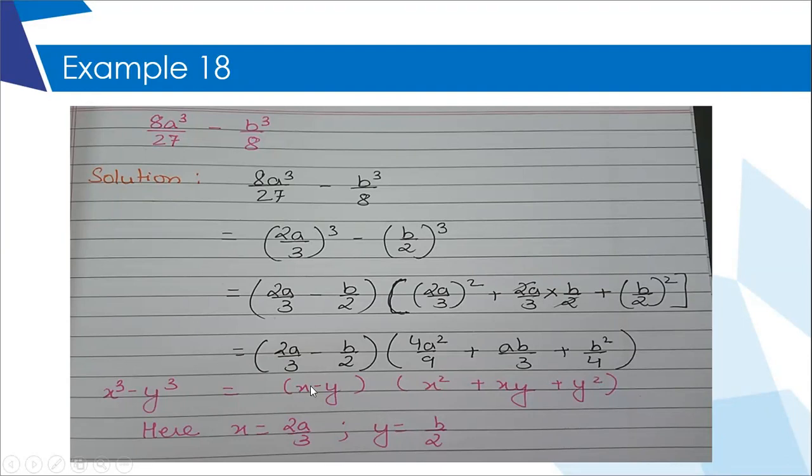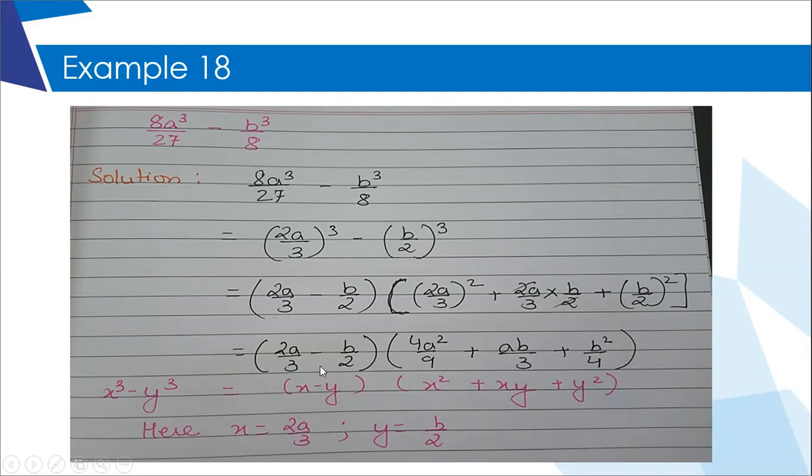Okay, so x is over here 2a by 3 and y is b by 2. So I've just replaced the first bracket as 2a by 3 minus b by 2. In the second bracket also, x square is 2a by 3 whole square, plus xy is 2a by 3 into b by 2, and plus y square is plus b by 2 whole square. Now you see there is a 2 in the numerator and denominator, so as usual we will cut it, and the leftover thing will be ab by 3.